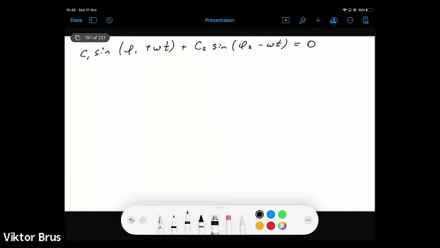equals 0. So when will it happen? We can write that C1 times sine(φ1 + ωt) will be equal to minus C2 sine(φ2 − ωt).